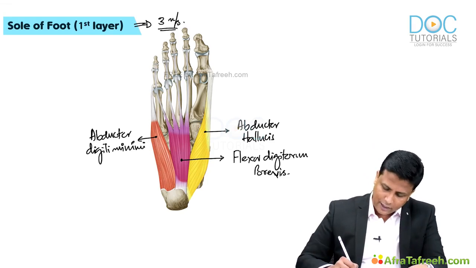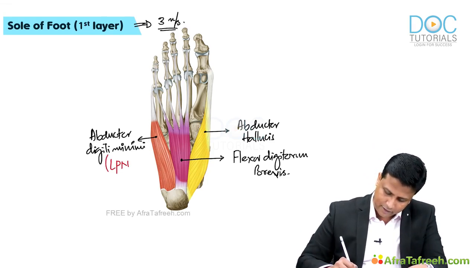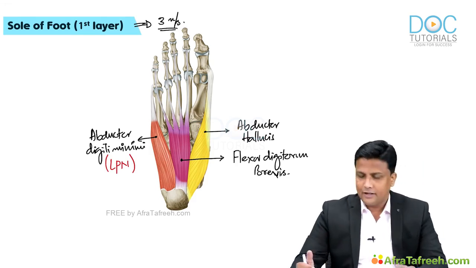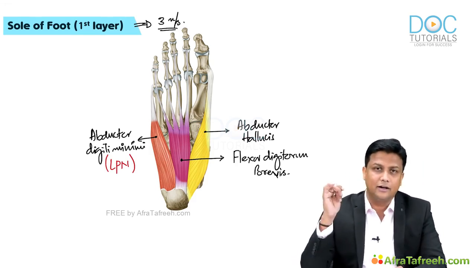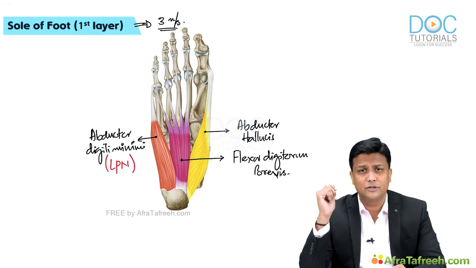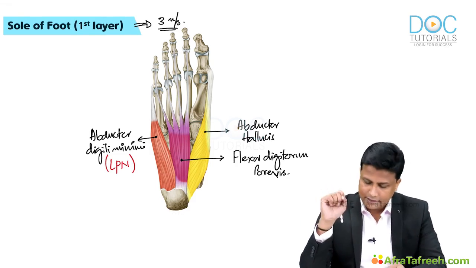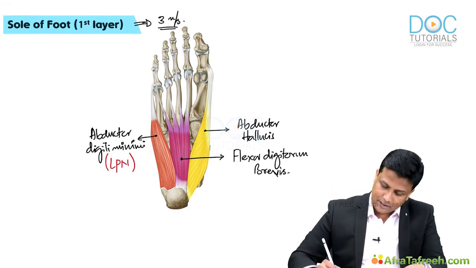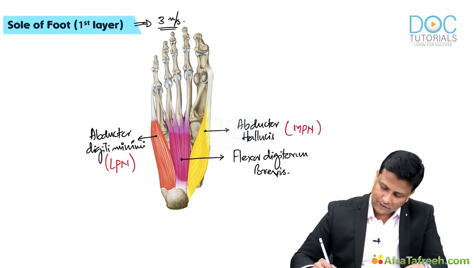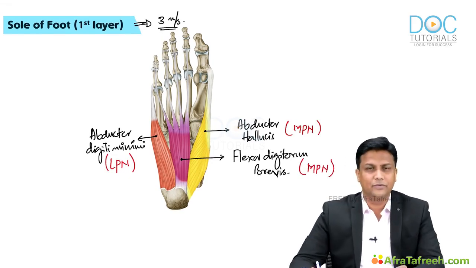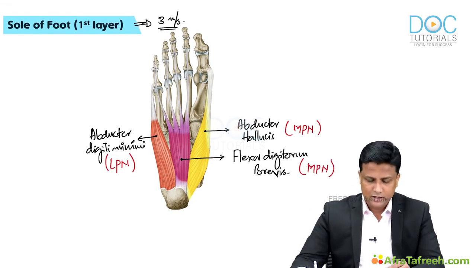So abductor digiti minimi should be supplied by the lateral plantar nerve. Done. Whereas on the other side, abductor hallucis and flexor digitorum brevis will be taken care of by the medial plantar nerve. Perfectly done. That completes your first layer of the sole.